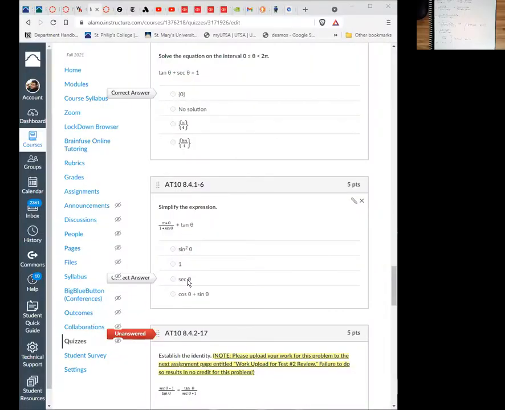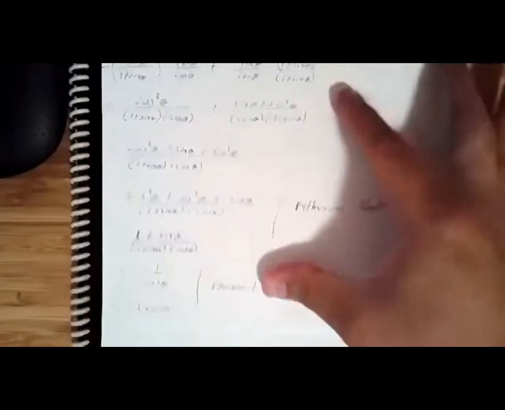So that's how they got secant. So when you're given something like this, just figure out a way how you can simplify them. Usually, if you see a fraction, then you should probably add the fractions and then see what happens. So that's what I did. I added the fraction right at the beginning.